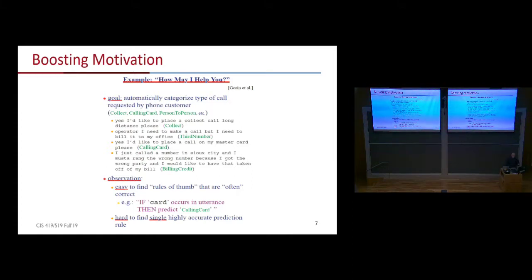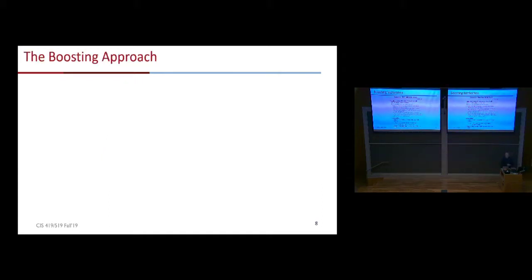But it's relatively easy to find some rules of thumb based on keywords in the input. So if the word card was mentioned, they would navigate it to someone that deals with calling cards, and so on. So this part was easy. The question was, can we do something with these simple rules of thumb that are relatively precise, but of course have very low recall because they address only a small percentage of the calls?